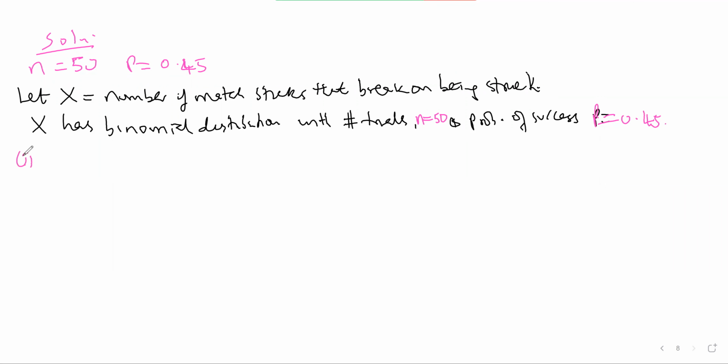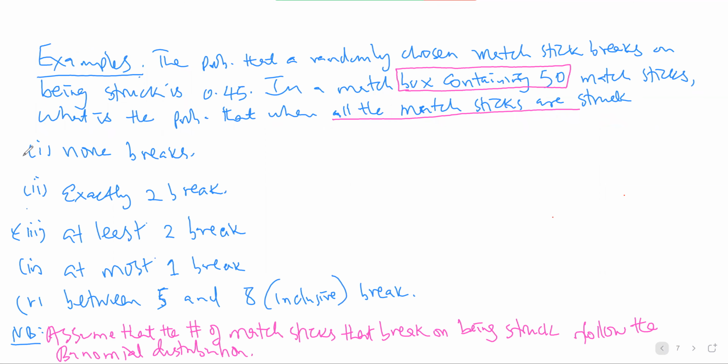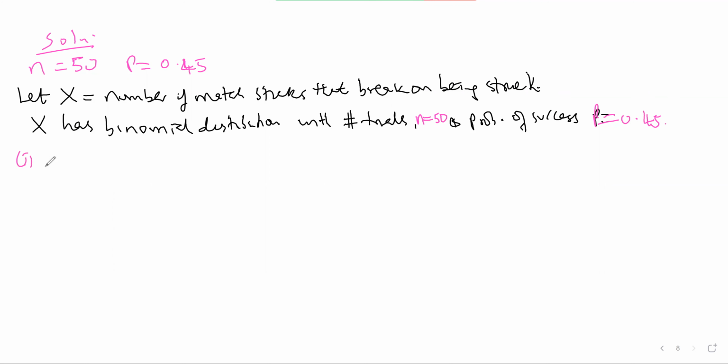From 1, probability that none breaks. None means 0. So probability that none breaks is the same as probability that X, which is the number of matchsticks that break on being struck, is equal to 0.